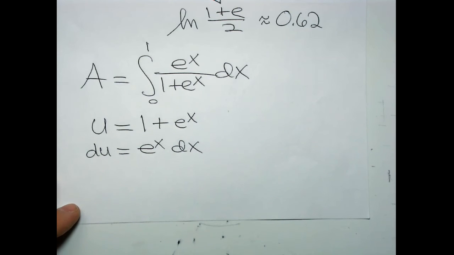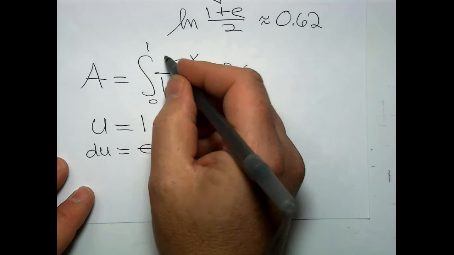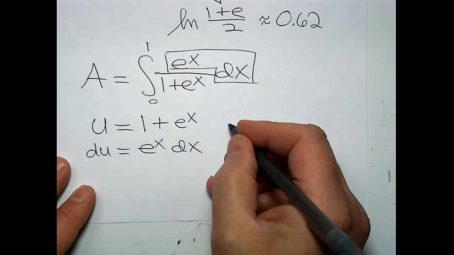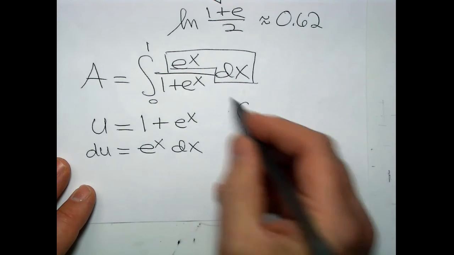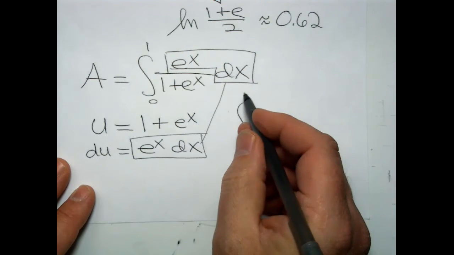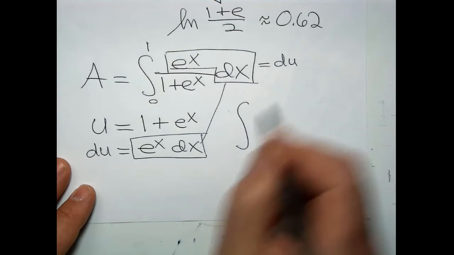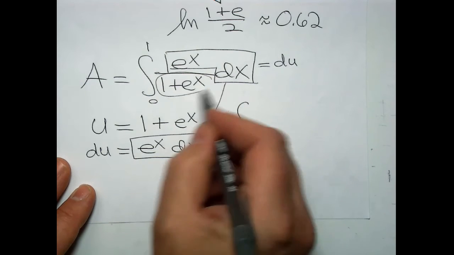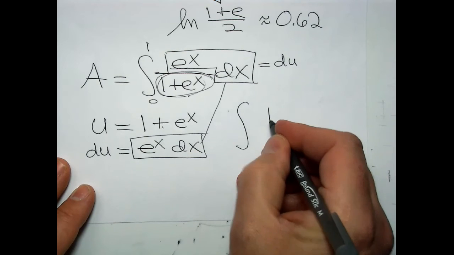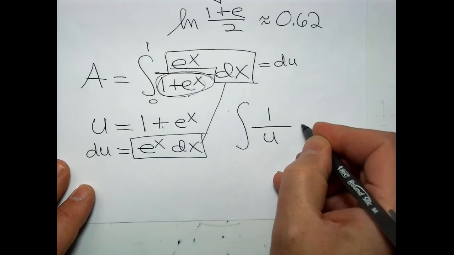Okay? And watch this problem evolve. This is the part we would box up. So we would integrate, and the box I just discovered here is du, the whole thing. The bottom is just u. So what I got right now is 1 over u, and I got a du.